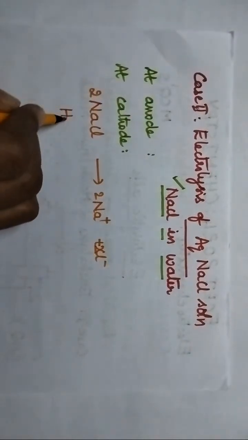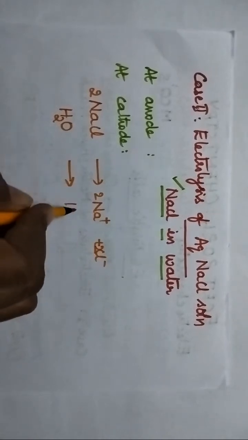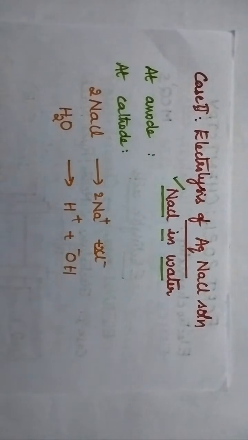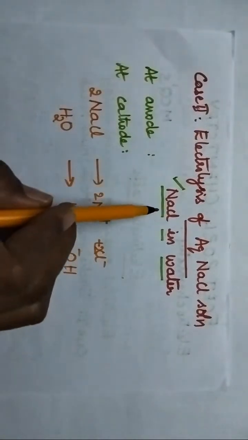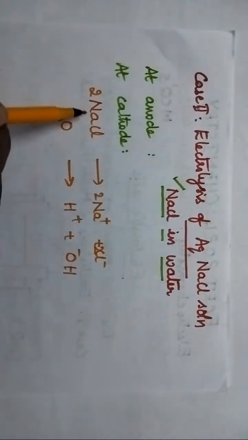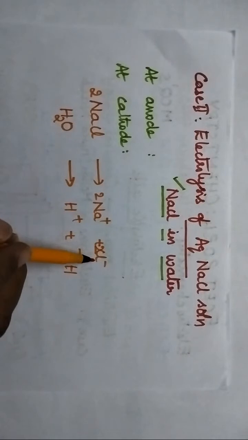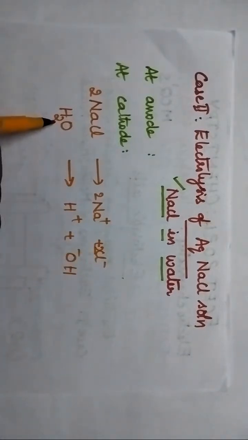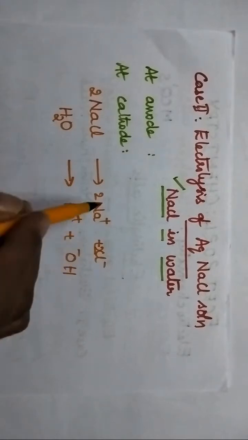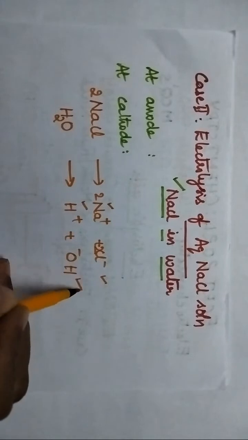Similarly, water also decomposes to give H+ and OH- ions. So the electrolyte consists of NaCl and water. Here we have 2 cations and 2 anions.